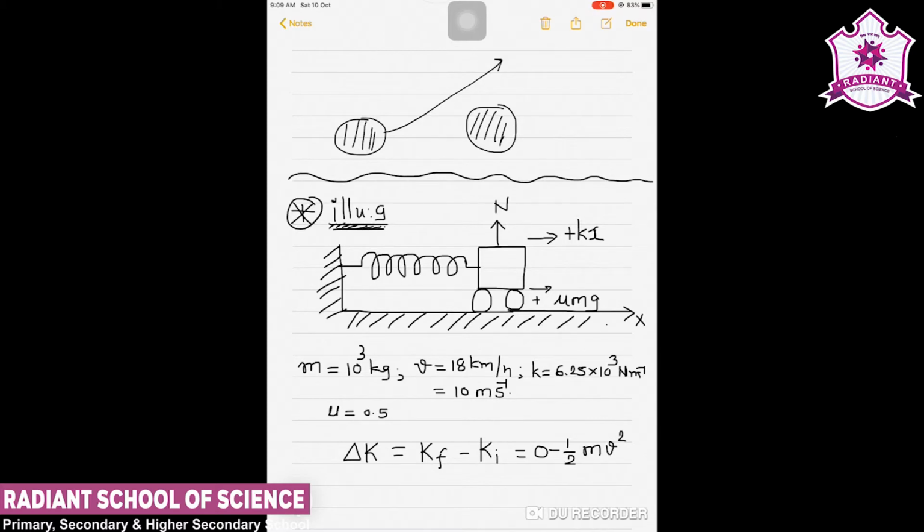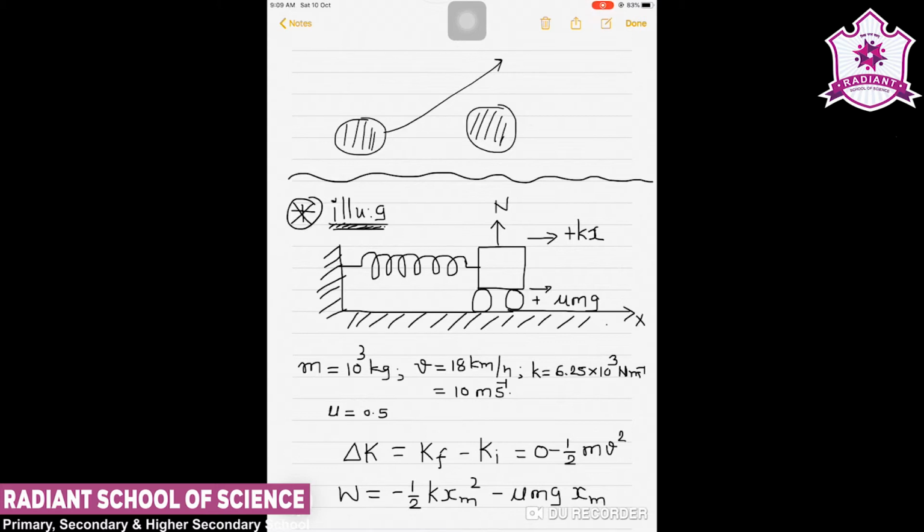The work done by the net force is minus 1/2 k xm square minus mu mg into xm.